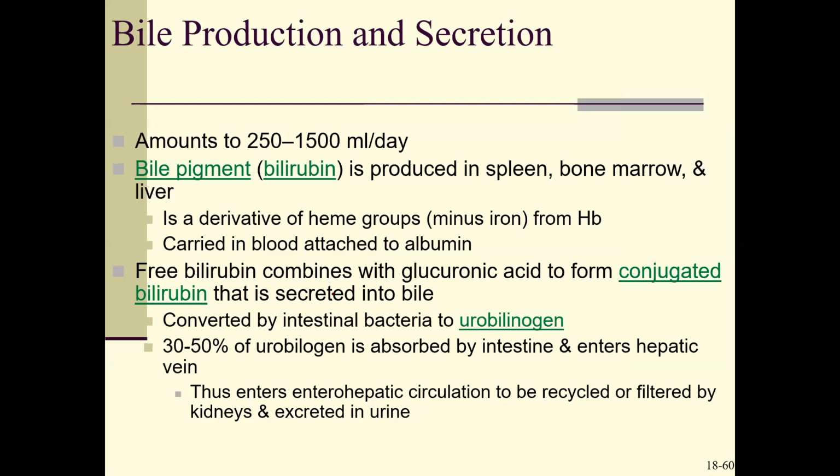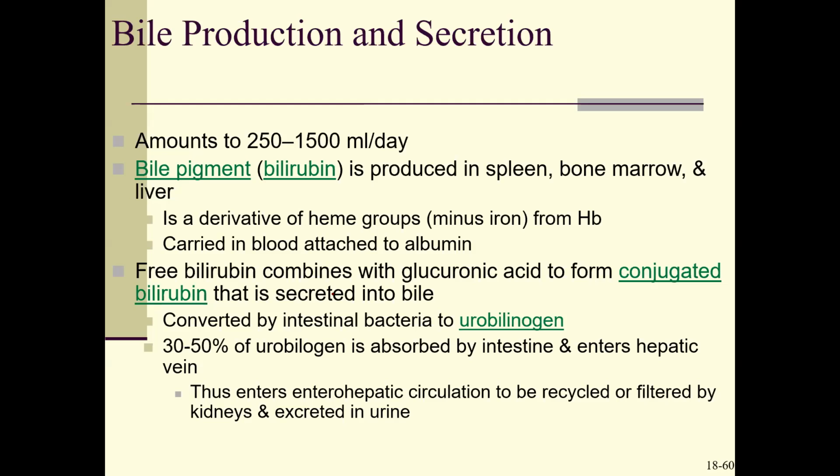So bile contains bile salts, water, and bilirubin. What is bilirubin? Bilirubin is a breakdown product of hemoglobin. So the red blood cells, after they have served their purpose, will be taken up by stationary macrophages found in bone marrow, liver, and spleen, mainly in the spleen.